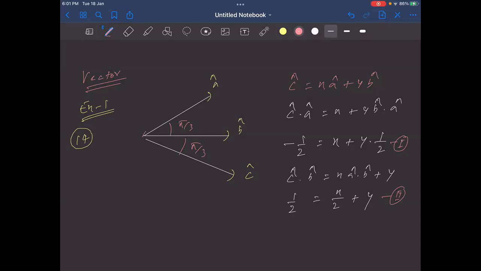So x is -1 and y is 1. x is -1 and y is 1. Okay, fine. ठीक है. So what do we get then? C cap is minus A cap plus B cap. Am I right? Is it clear from this equation? ठीक है. So now we have to get the angle with D. We'll take the dot with D cap on both sides.